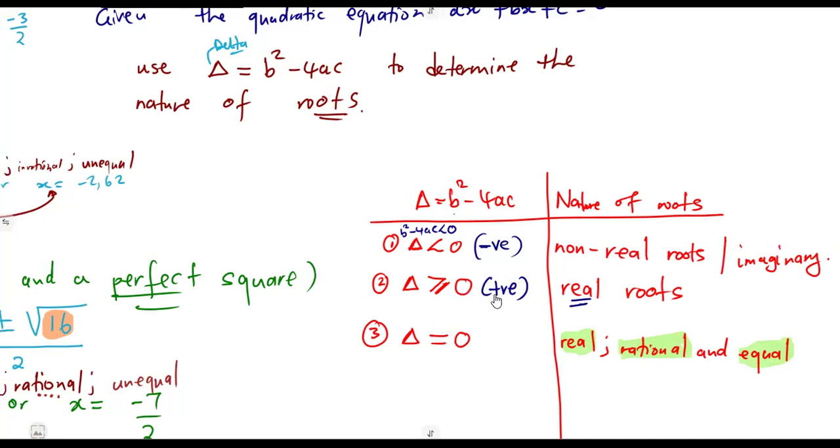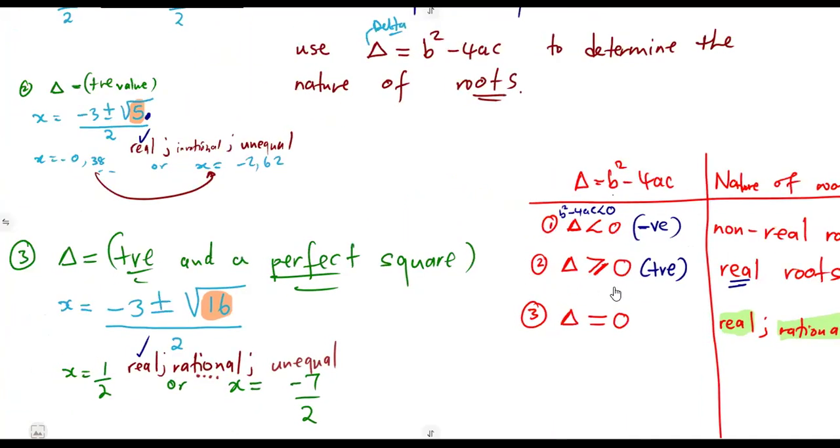It can be greater than 0. This is when it is positive. So it can be greater than 0, not equal to 0. Guys, take note. This part that is under the square root, our delta, it can be a positive value, greater than 0, like this one. This number 5 here is greater than 0, but not a perfect square.